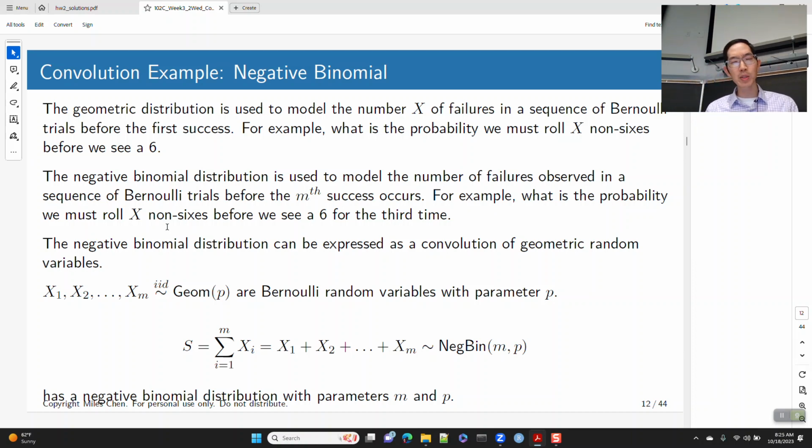Okay, so maybe I have it written correctly. If you want m successes, you add m of these geometric variables together, and you get a negative binomial distribution with parameters m and p. So how many non-6s do we get before we get our third 6? Just the sum of geometric ones.